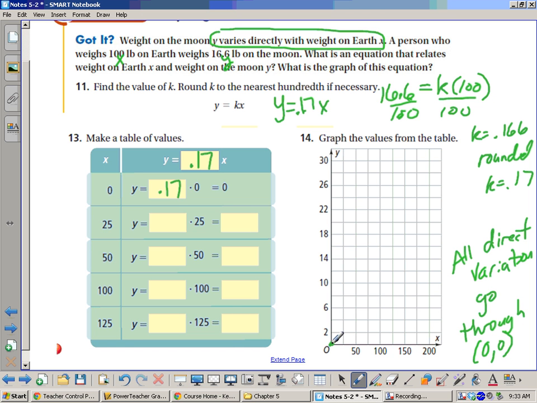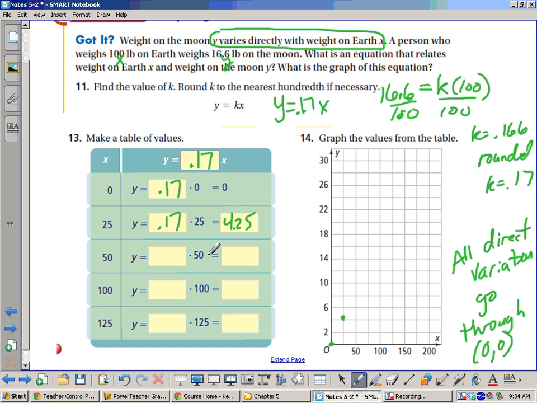Okay, so that's always going to be true. So for x equals 25, 0.17 times 25 is going to be 4.25. So we're going to go down here to x equals 25, and go up to 4.25, which is right about there.